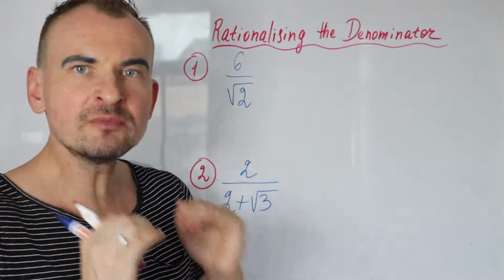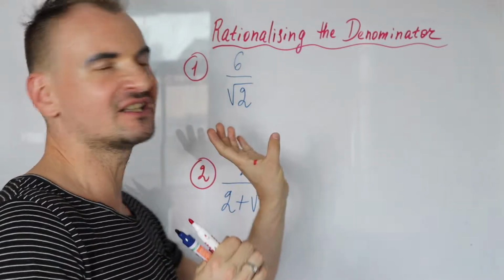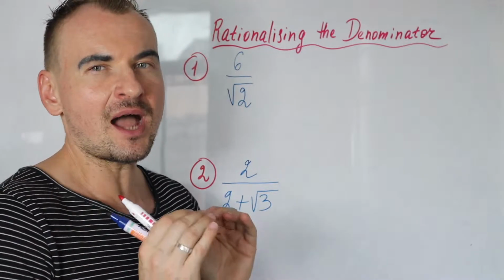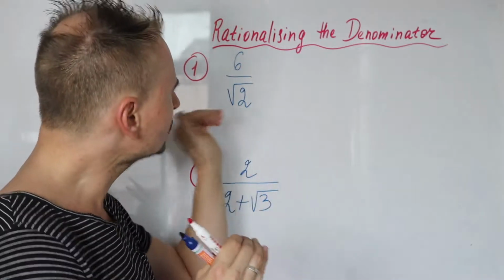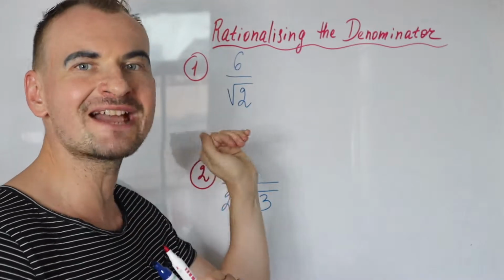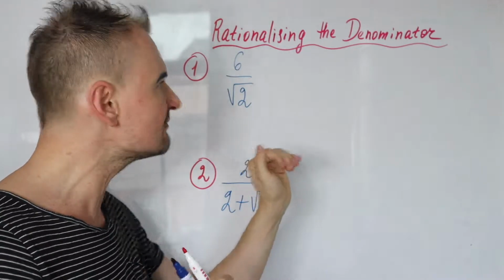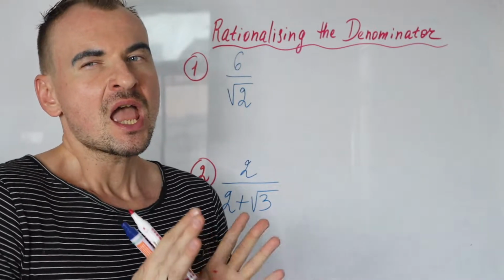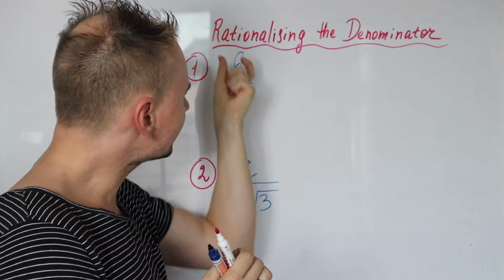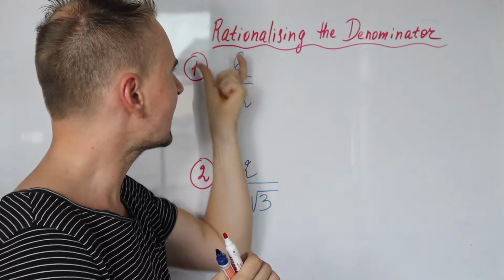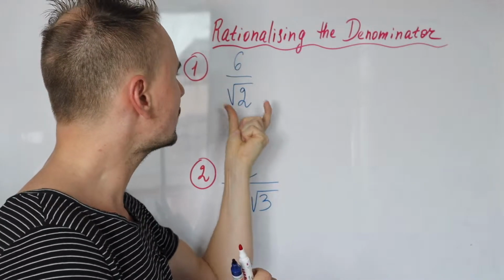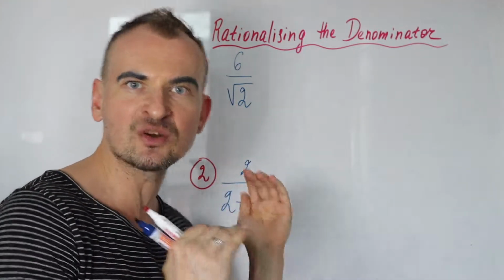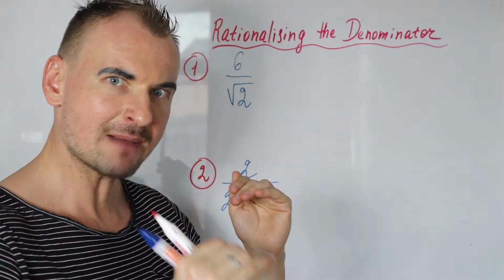Why do you want to remove it? Why do you want to get rid of this? Well, expressions in maths are considered to be simpler when you don't have a radical sign, a radical symbol in the denominator. So if you are given just a number placed on top, and you have a root, it could be root of 2, root of 3, root of 5, and so on.